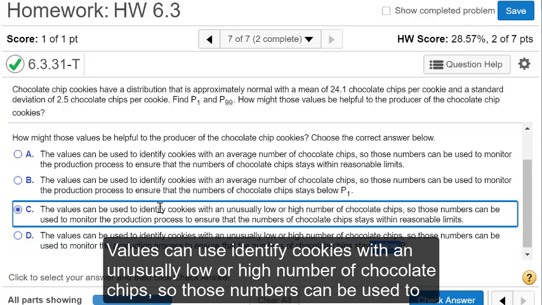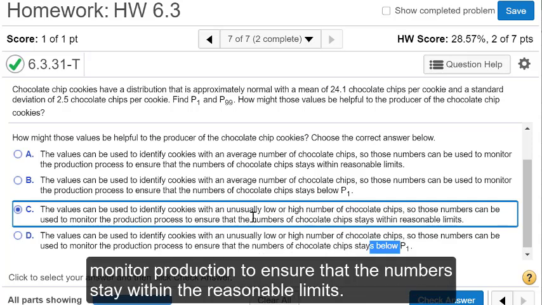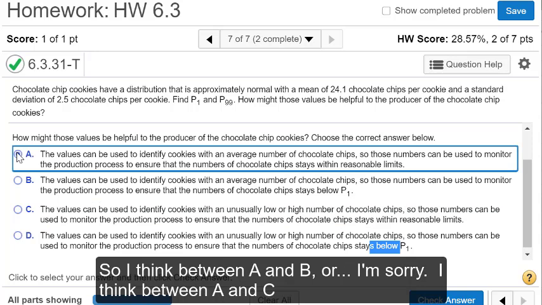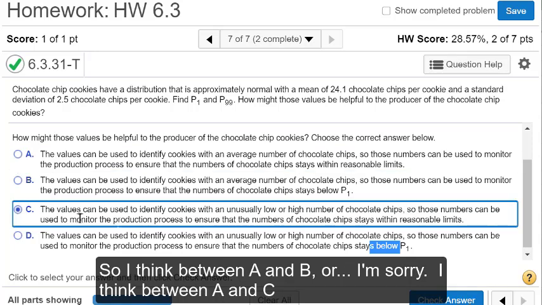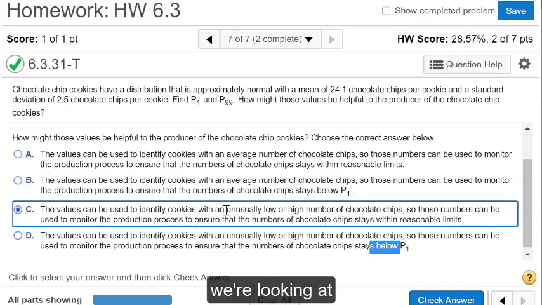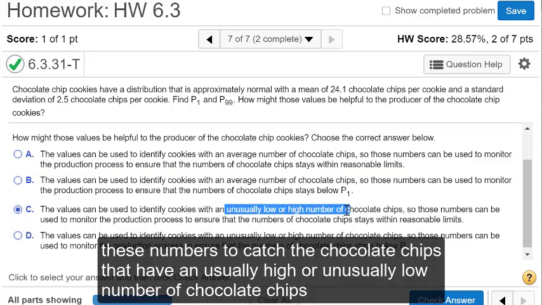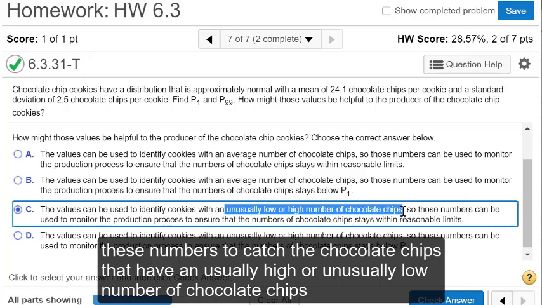The values can be used to identify cookies with an unusually low or high number of chocolate chips, so those numbers can be used to monitor the production to ensure that the numbers stay within the reasonable limits. So I think between A and C, we're looking at these numbers to catch the cookies that have an unusually high or unusually low number of chocolate chips.